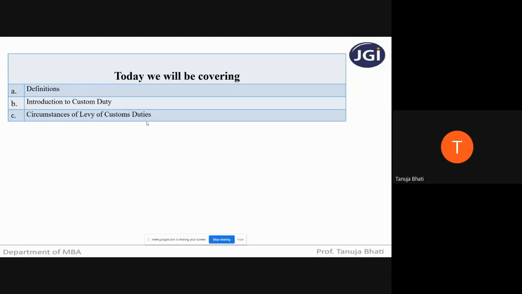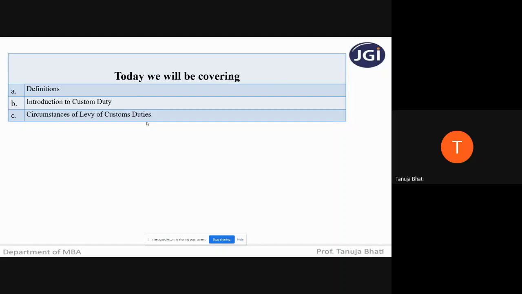This customs duty is only imposed on the goods that we are importing or the goods that we are exporting. Remember that when I use the term customs, I am talking about those taxes or duties which are payable on the goods that are being imported or exported.